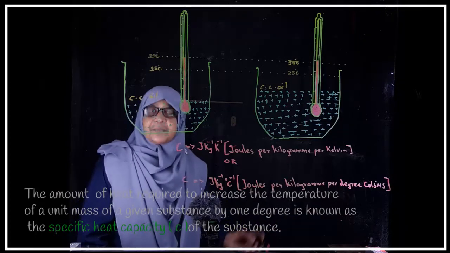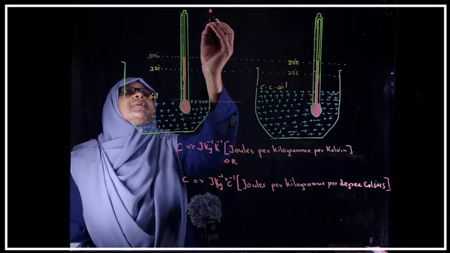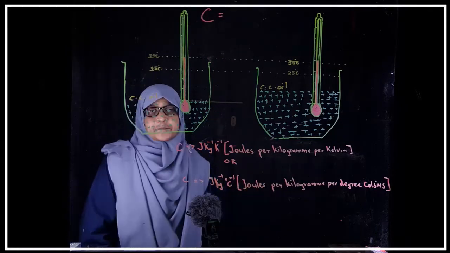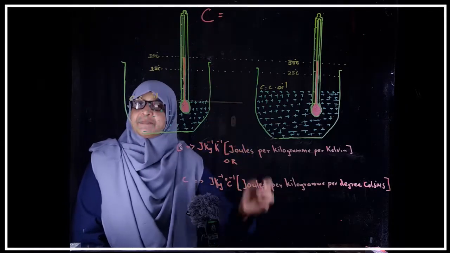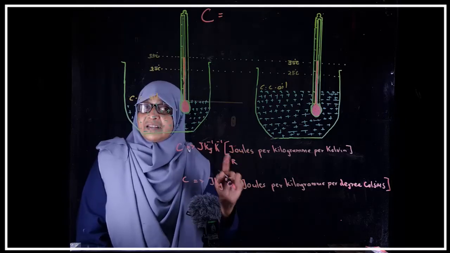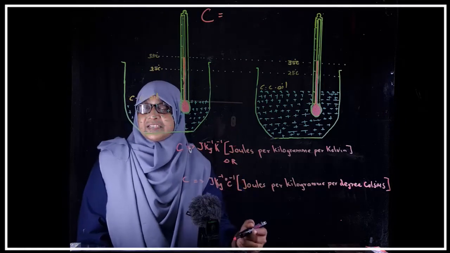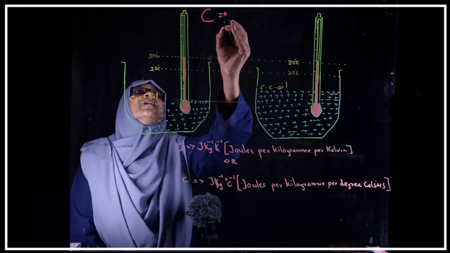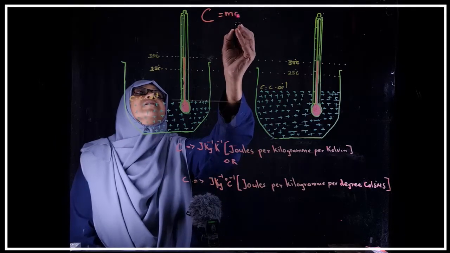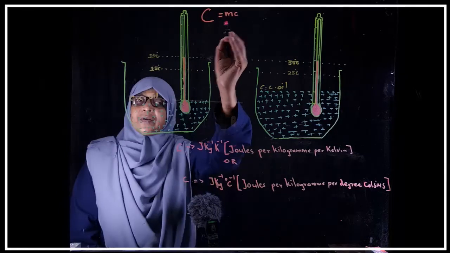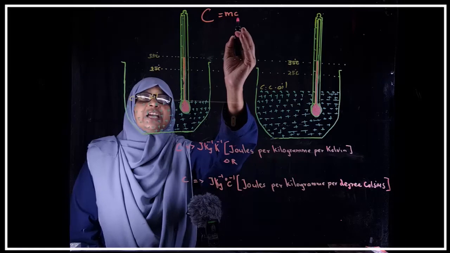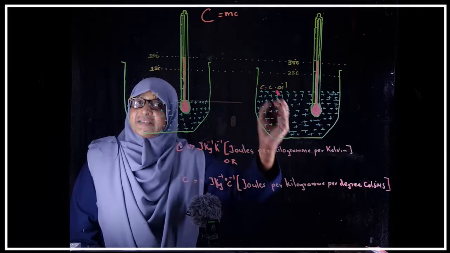When giving the heat capacity, capital C, this heat capacity depends on the mass and specific heat capacity. So, we can give this formula: C, heat capacity, is equal to mass into specific heat capacity.